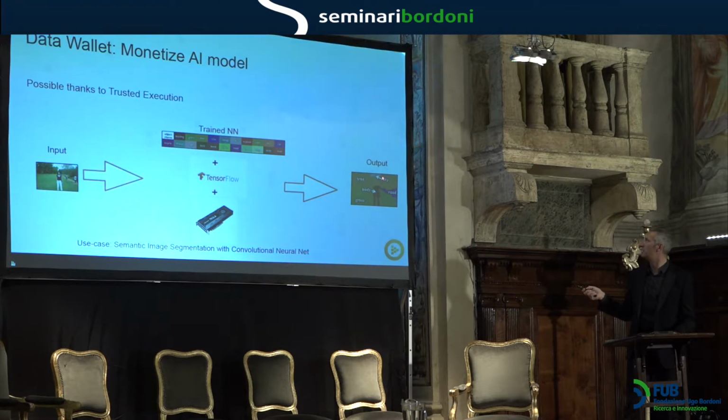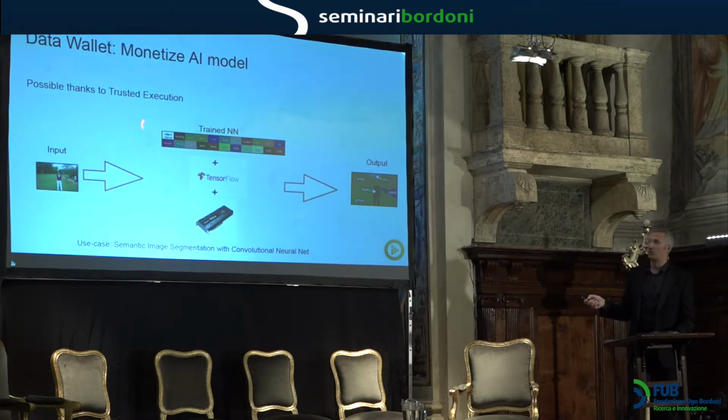So this is a tree, this is the sky, this is a body, this is the grass, road, etc. And the way it works is that you are doing this segmentation using a trained neural network. A trained neural network is a data set, typically. So in iExec, it means that the requester will pay for this data, will pay for the application, this is TensorFlow, and will pay for the one that provides the compute power.